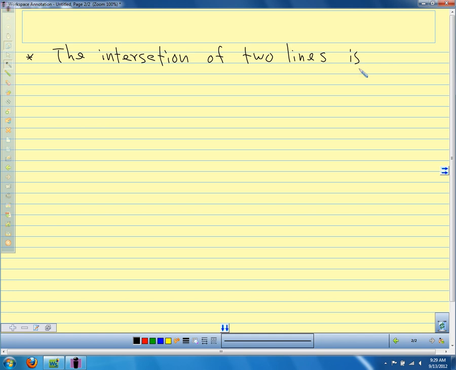So if I have two lines drawn here, where they cross, what kind of thing is that? It's a point. Two lines intersect in a point. So the intersection of two lines is a point.